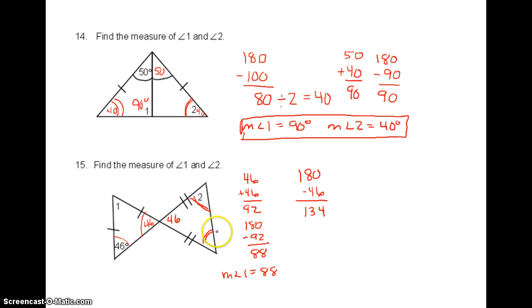Okay, and those two angles add up to 134, so divide that by 2, and that'll be 67. So the measure of angle 1 is 88, the measure of angle 2 equals 67. If you want to check your answers, you can. 67 and 67. Add those into your calculator, and you should come up with 180 here. It should come up with 180 over here.